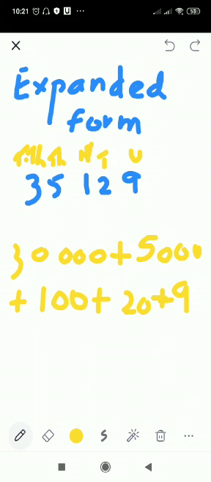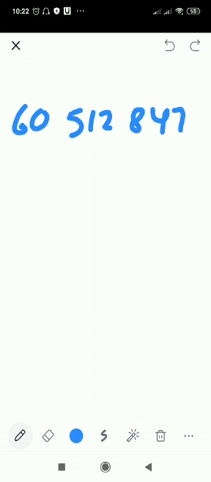But when you have a bigger number, let's do another example. When you have a bigger number, again you use the place value chart. Okay, now let's take an example here. Now we are going to write this down in expanded form.